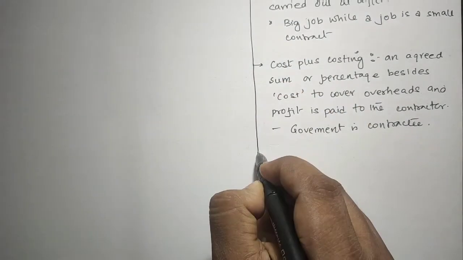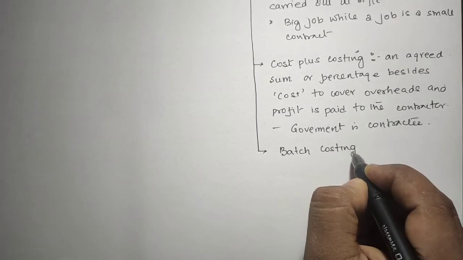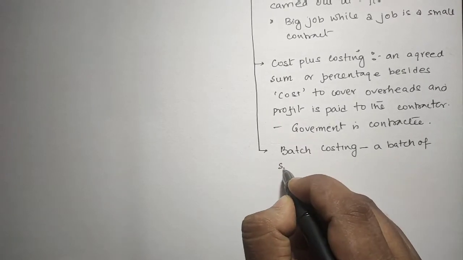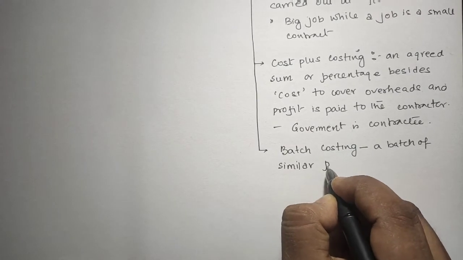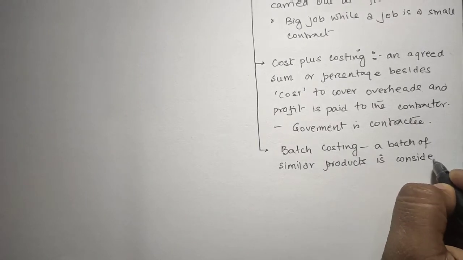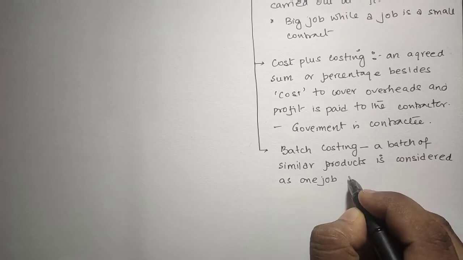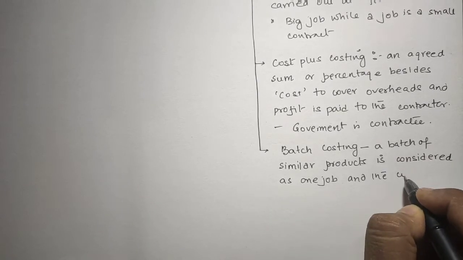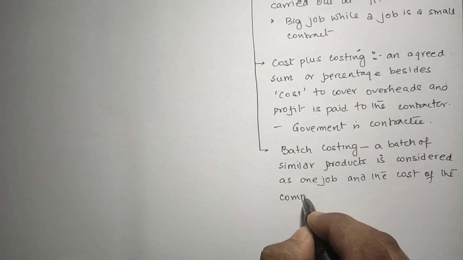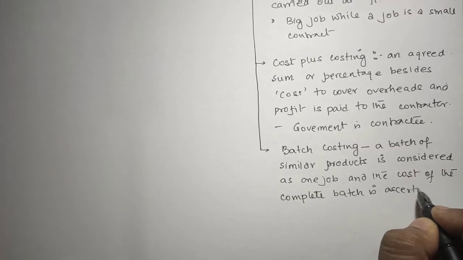Next we have batch costing. In this method of costing, a batch of similar products is considered as one job and the cost of the complete batch is ascertained.